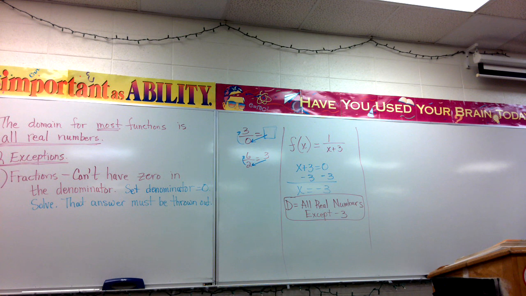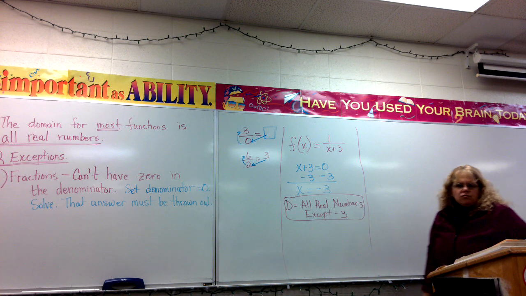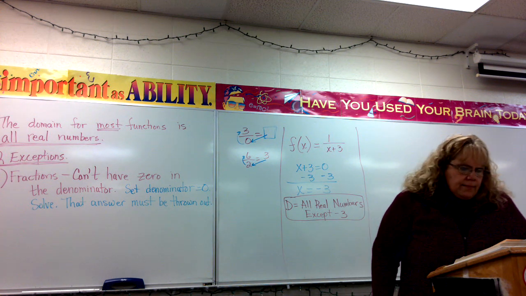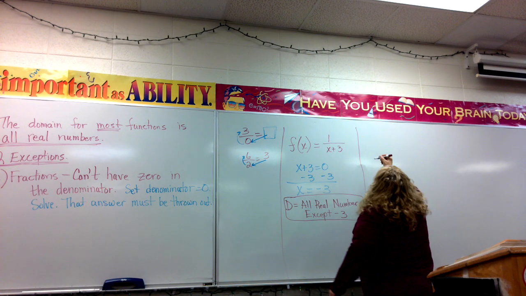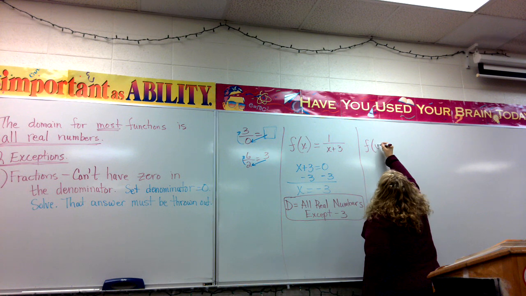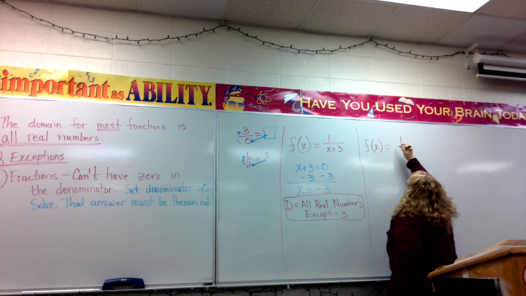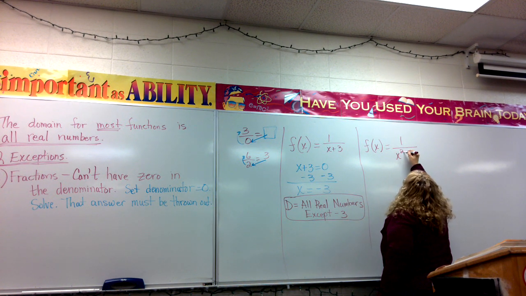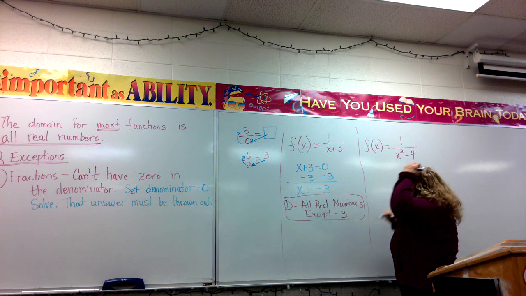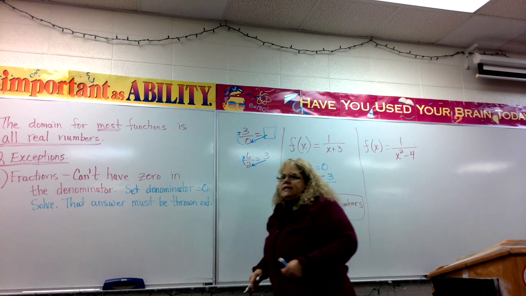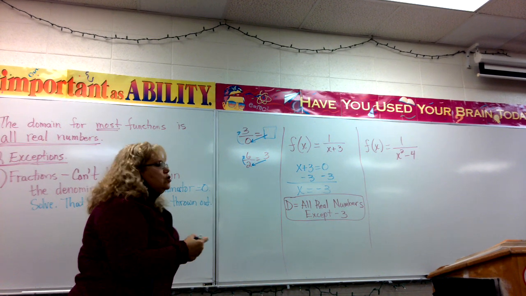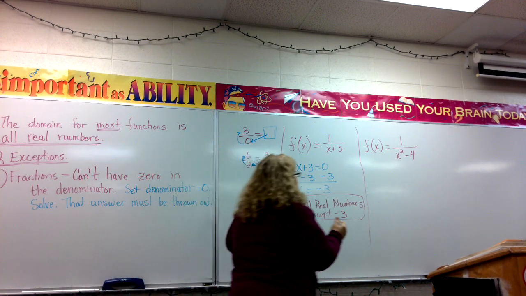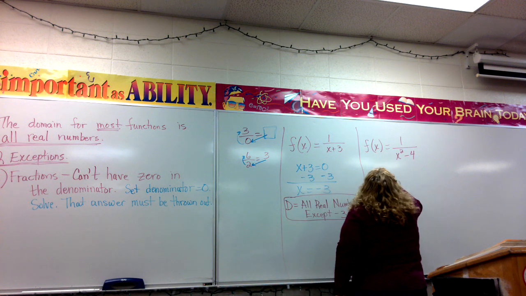How about, I had some written in my book. How about this one? How about f of x equals 1 over x squared minus 4? Well, same thing. No matter what's in your denominator, you set it equal to 0.